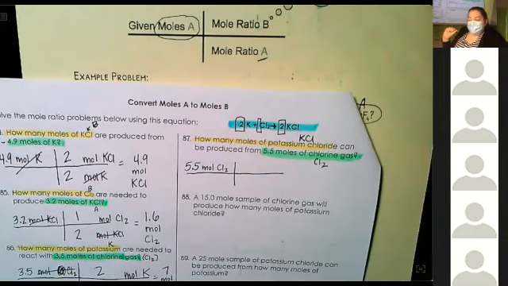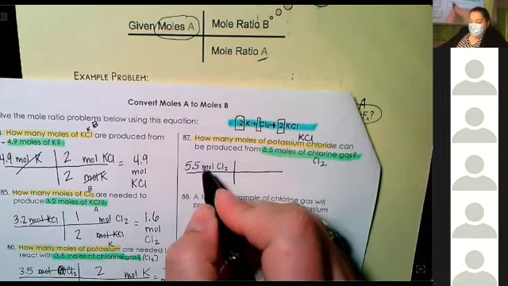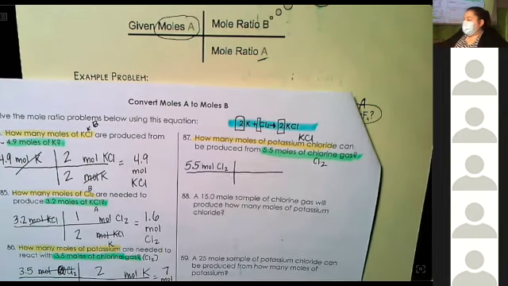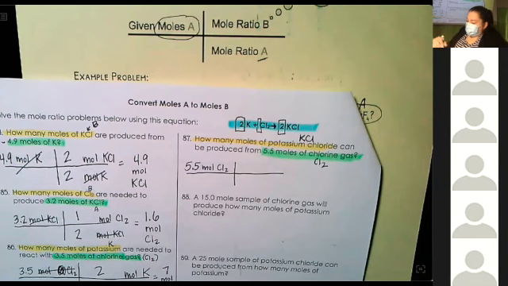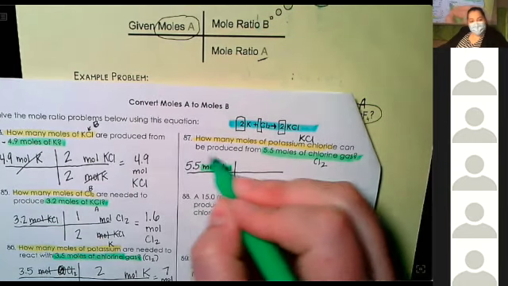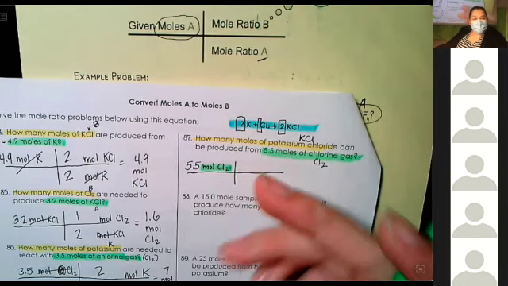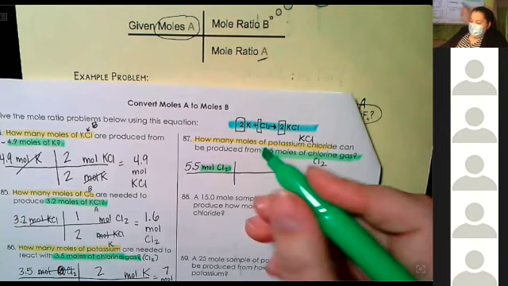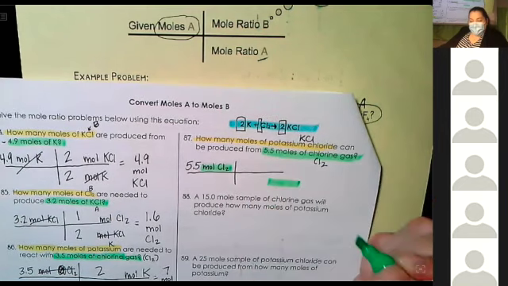Whatever this unit is, the moles of Cl2, if it's up here in this top box, then that unit also has to go down here at the bottom.